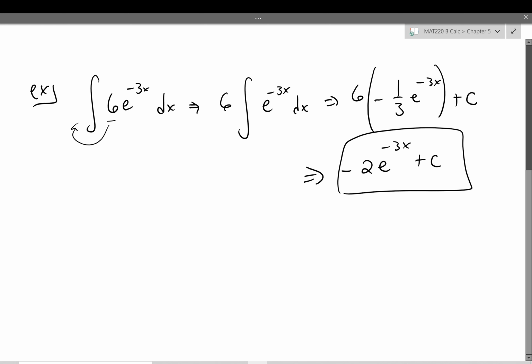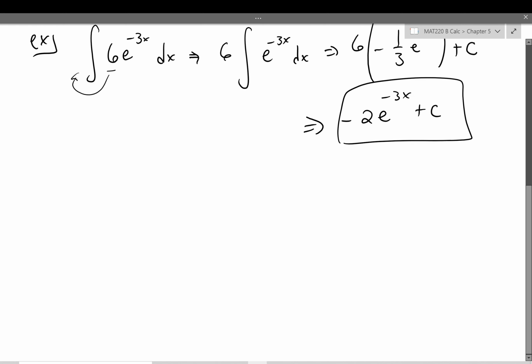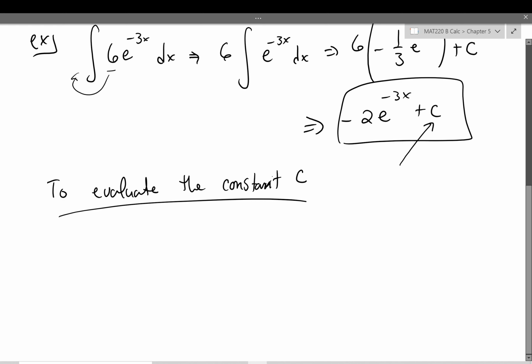So if we wanted to, we could extend this idea a little bit. We could actually solve for c, and I'm going to show you how to do that. To evaluate the constant c, here's how you do it. Step 1, you're going to integrate, just like we did above, and evaluate.